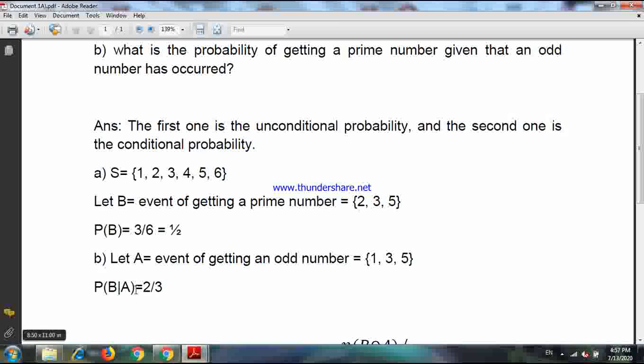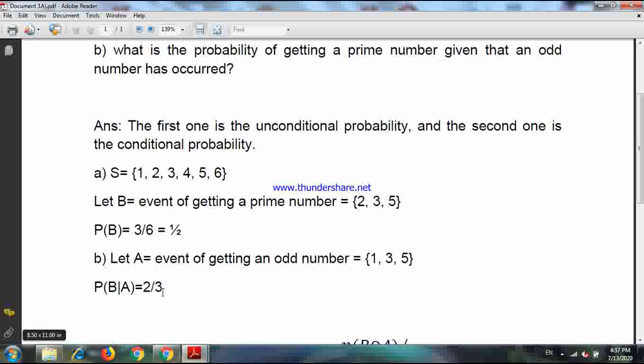Now we are to find probability B given A. What's the meaning of B given A? The probability of the occurrence of the event B given that the event A has already occurred. That means the probability of getting a prime number given that it is known to us that an odd number has occurred. Now here you see what will be the number of favorable outcomes and the total number of possible outcomes.